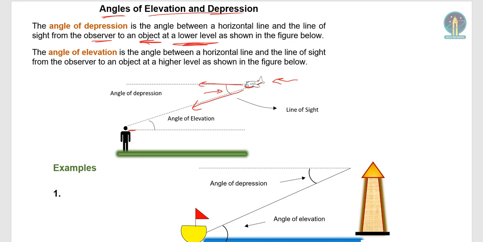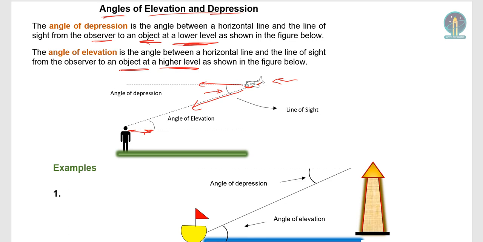The angle of elevation is the angle between a horizontal line and the line of sight from the observer to an object at a higher level. So in the case of an angle of elevation, the object is higher and the observer is lower, looking from a low vantage point.